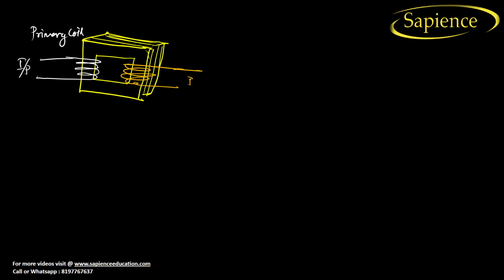This is the input power side, known as the primary coil, and there is another coil, which can be considered as the secondary coil, the output. So this is known as the secondary coil.